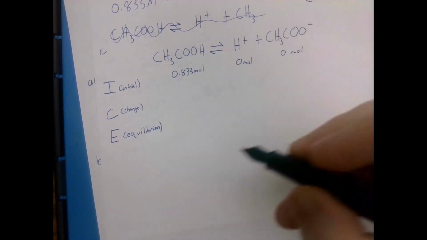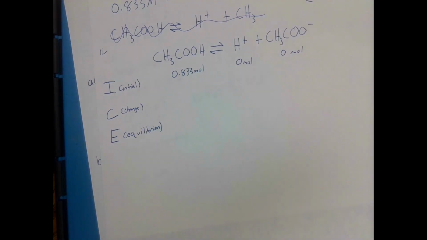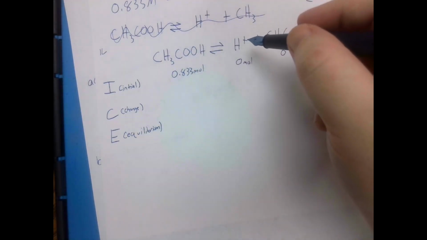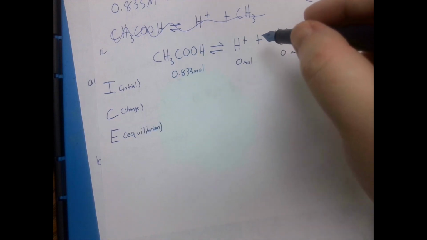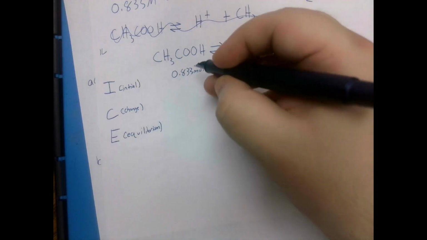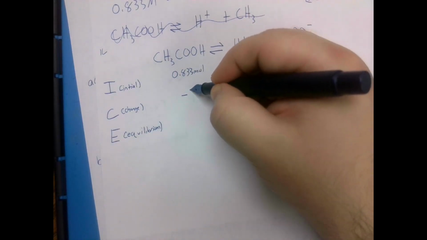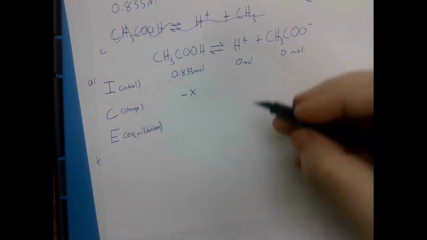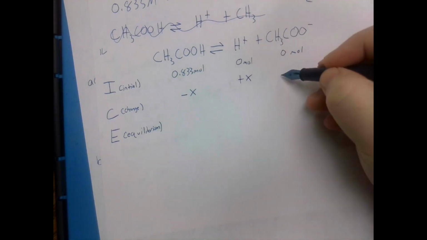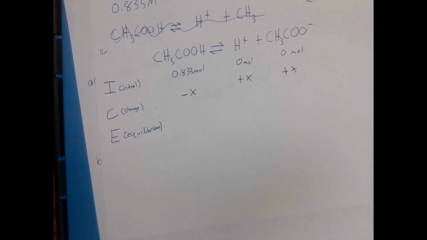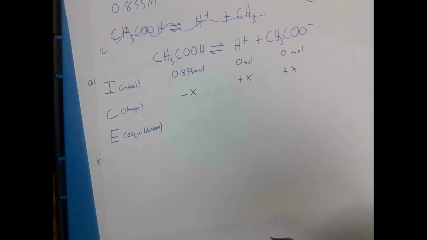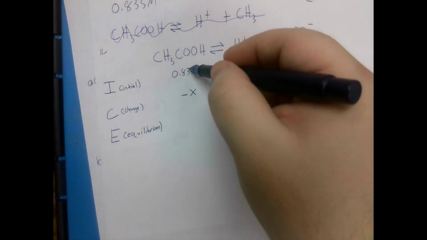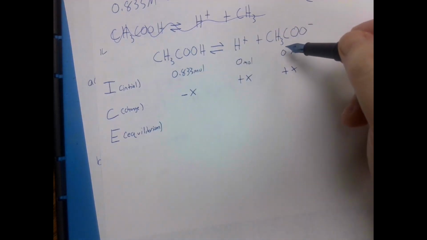As time moves on, it starts to break apart. Some of them are turning into H plus and acetate ions. Some of the acetate and H plus ions are turning back. So this is going to lose X number of moles, and this will gain X number of moles. So over time, it's going to reach some point where some fraction of this will be converted into this.